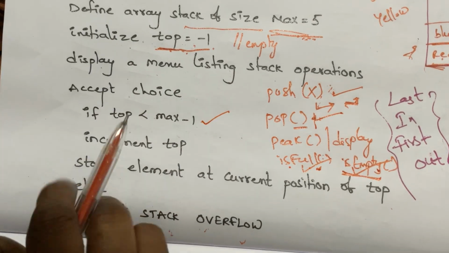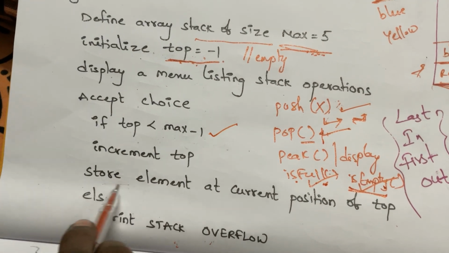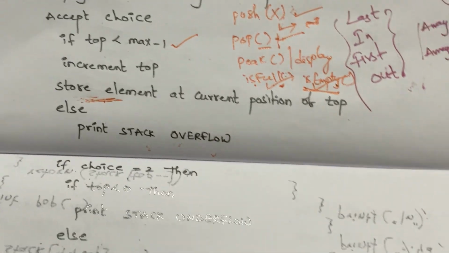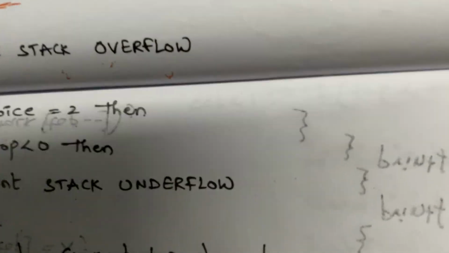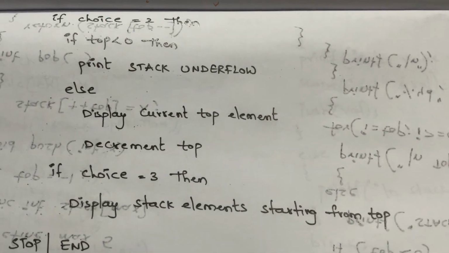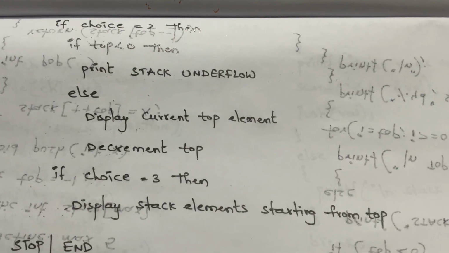When top is less than max - 1, you can insert, that is push, an element. Now, if choice is equal to 2, then if top is less than 0, print stack underflow. Top has the initial value -1.